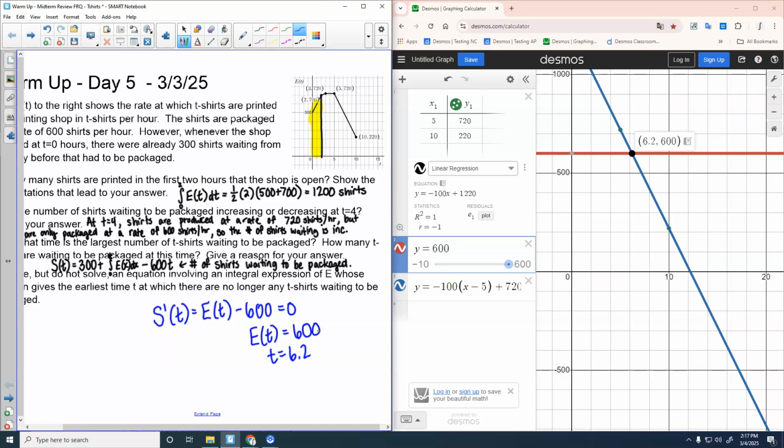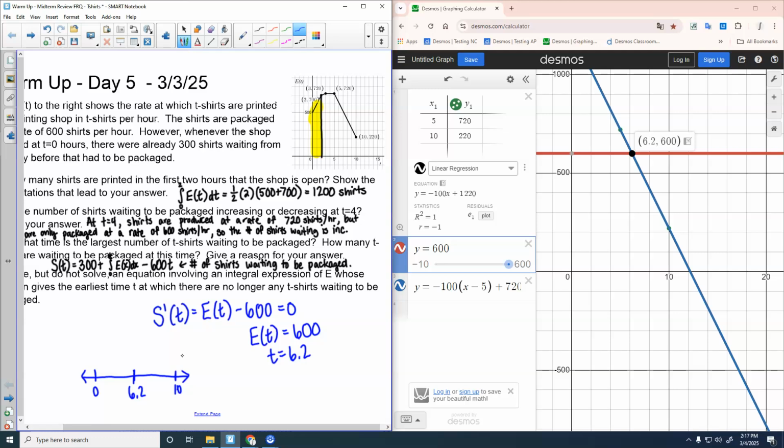So we need to see whether the derivative is positive or negative on either side of this. So we would do 6.2. We want to do 0 right here. You can put a 10 over here, because our graph ends at 10, right?